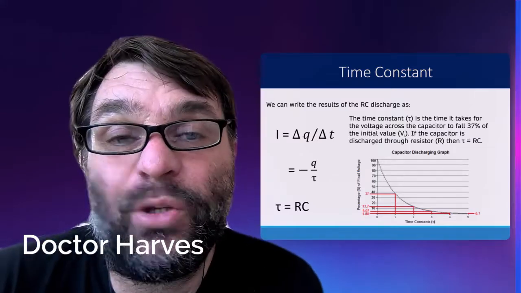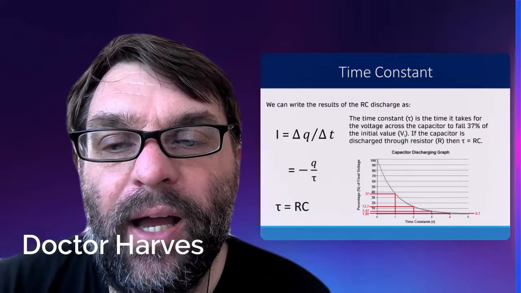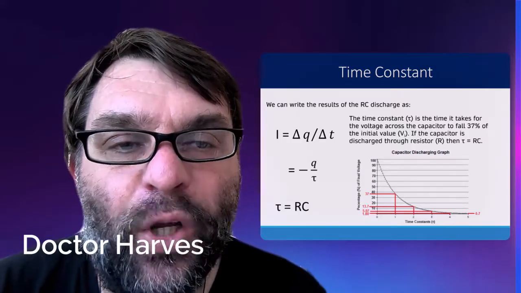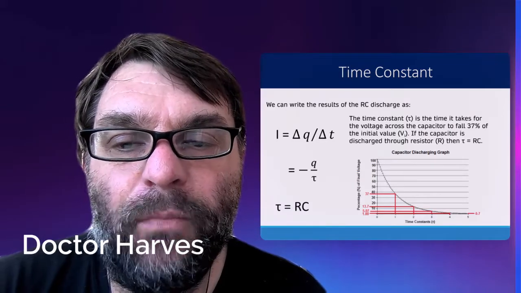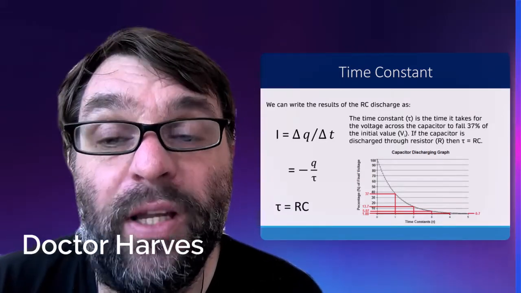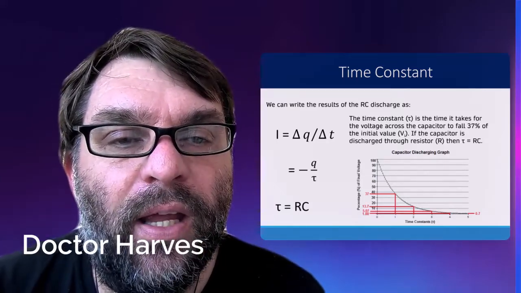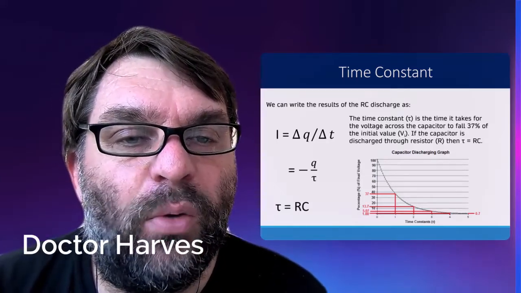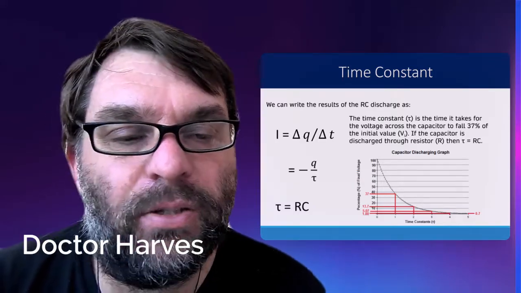It's basically the time it takes for the voltage to go down from its initial maximum by 63%, to get to 37% of the original value, and therefore it's equal to R, the resistance in the circuit, times the capacitance in the circuit.